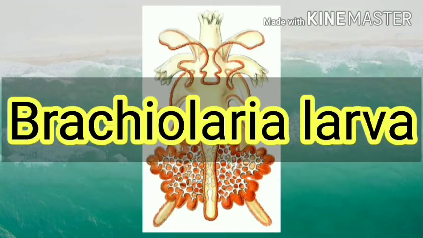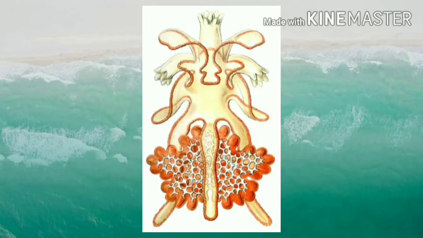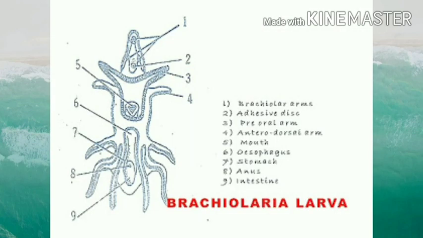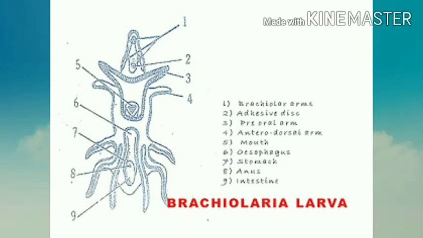So let's know about the brachiolaria larva. This type of larva is present in the asteroids. It's the next form of the bipinnaria larva. It has special features, like three additional arms. They are not ciliated, and the arms are supported by calcareous rods and have a coelomic cavity.